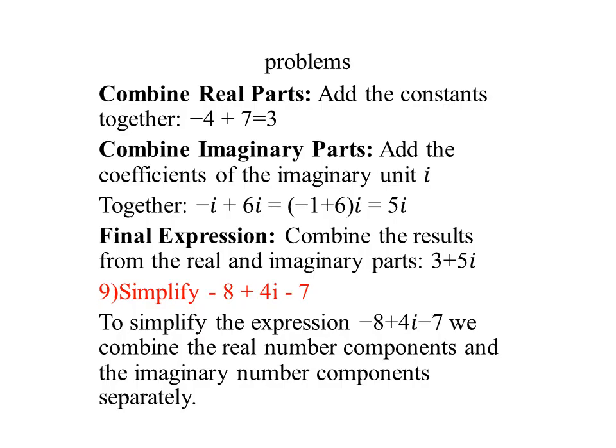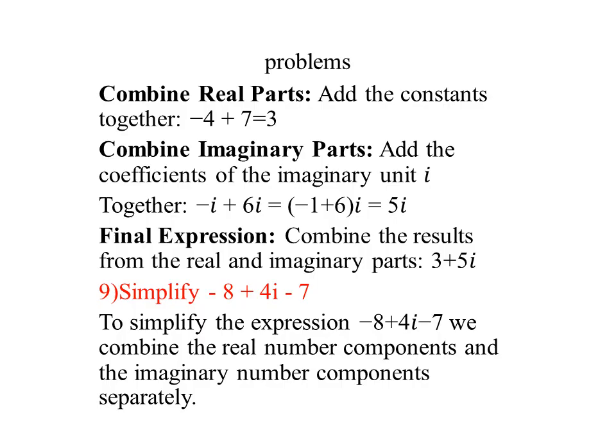If we take i as common, we are left with -1 and +6. That is, -i plus 6i gives (-1 + 6) times i, which is 5i. Therefore, the final expression becomes 3 + 5i. Then we move to the next problem.